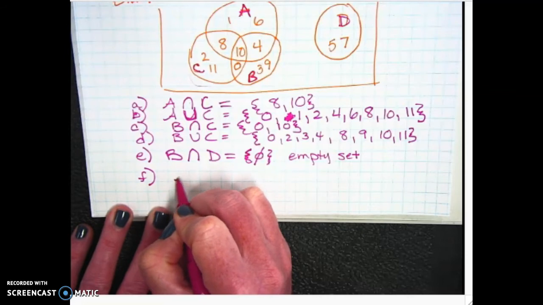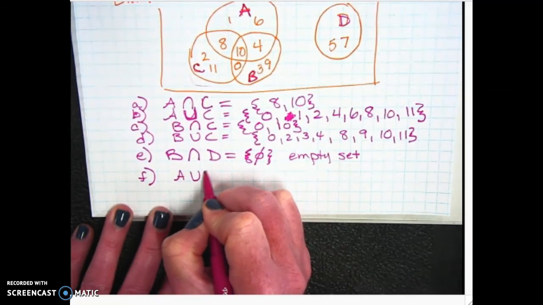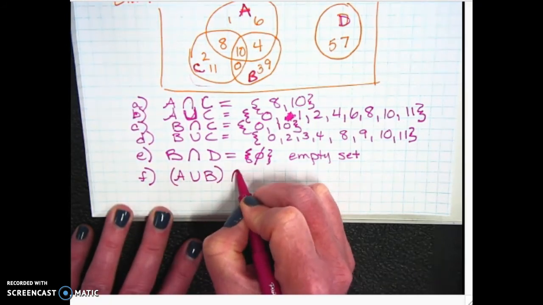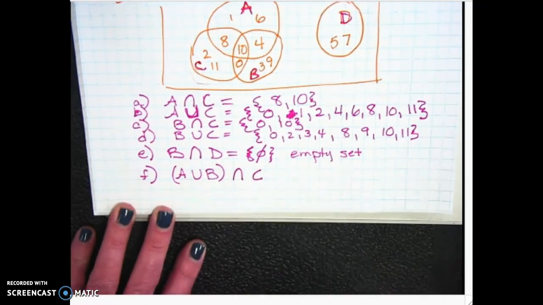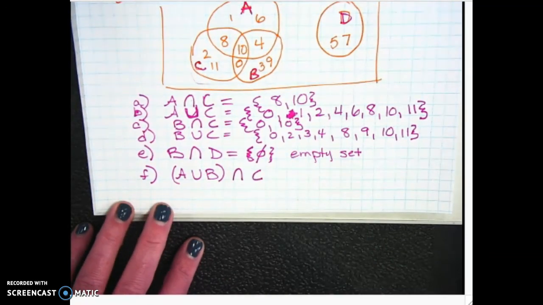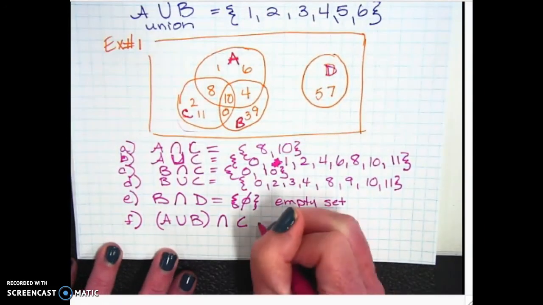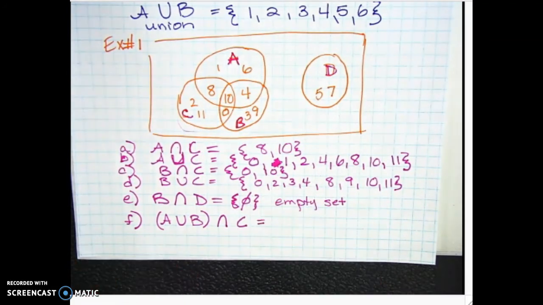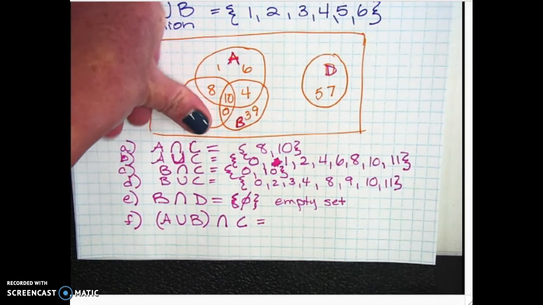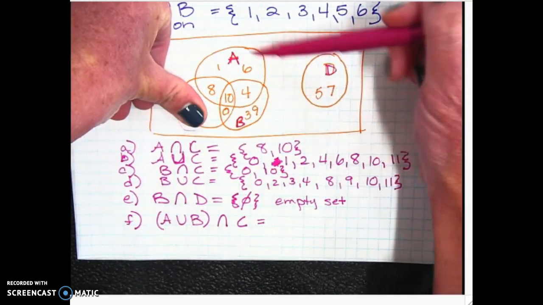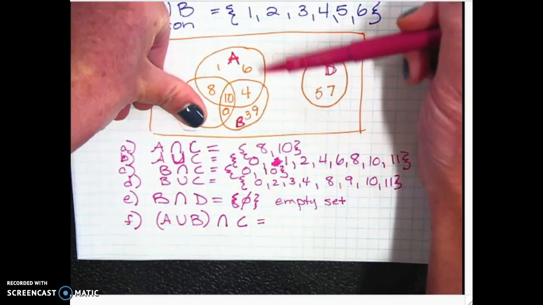So part F. Here's where we're going to get a little bit tricky. So we're going to say the union of A and B, whatever their union is, intersected with C. So if you cover up these two for a second, you're going to see all of this is the union of A and B, right?